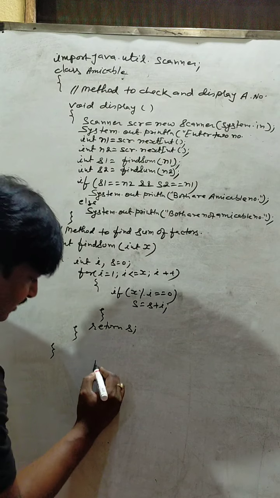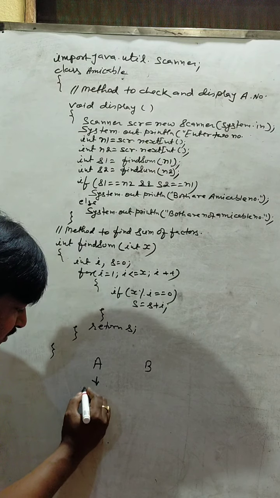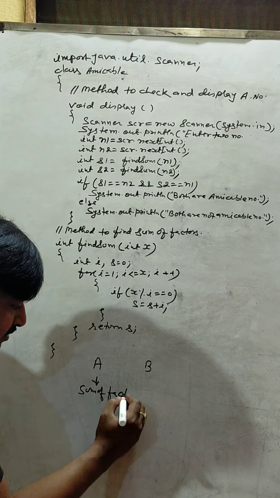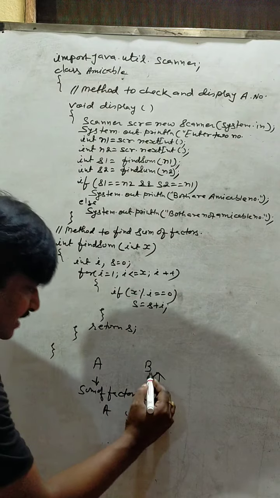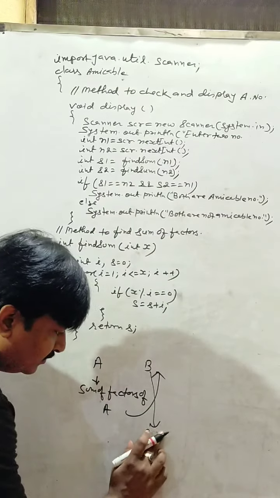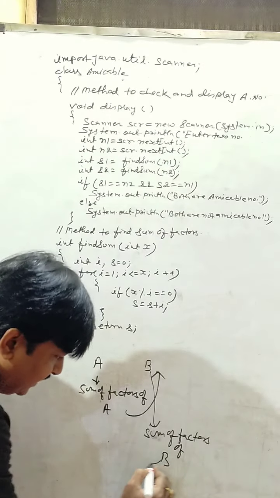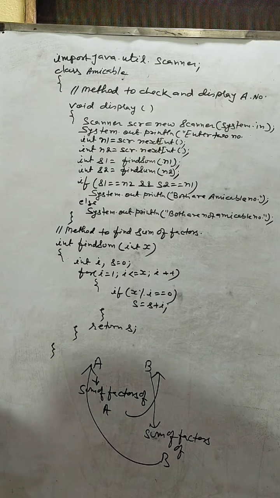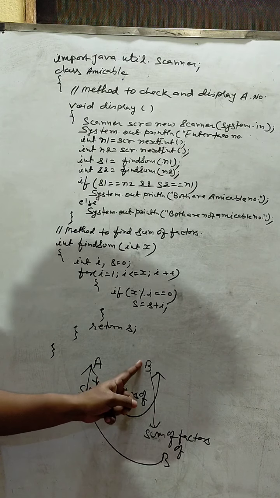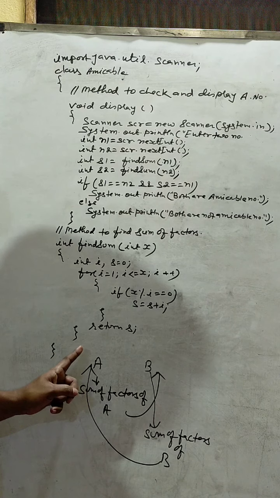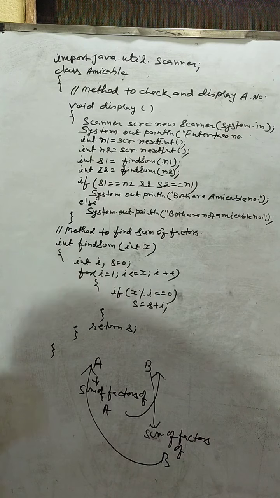Suppose one number is A and the other number is B. If the sum of factors of A is equal to B, and the sum of factors of B is equal to A. If a number pair fulfills this condition, then the number pairs are called amicable numbers.